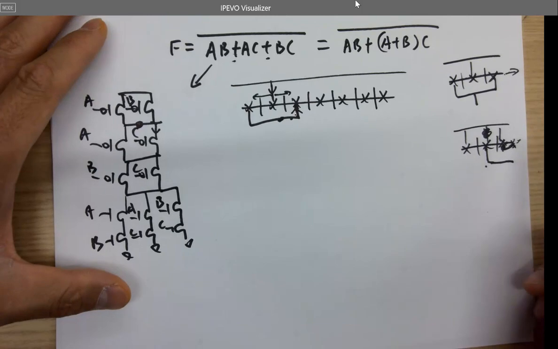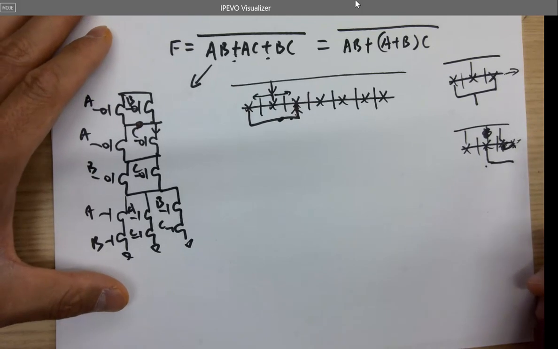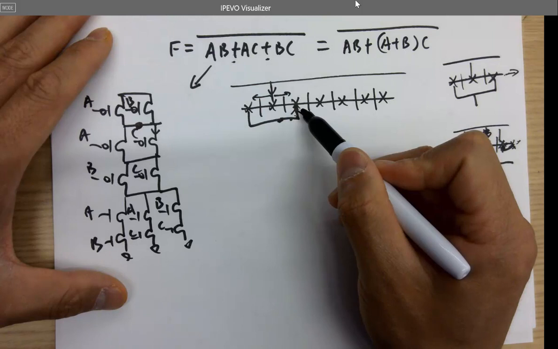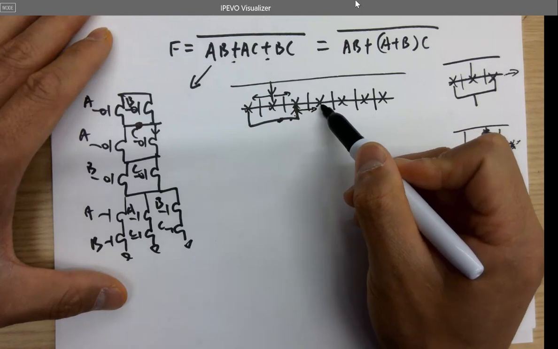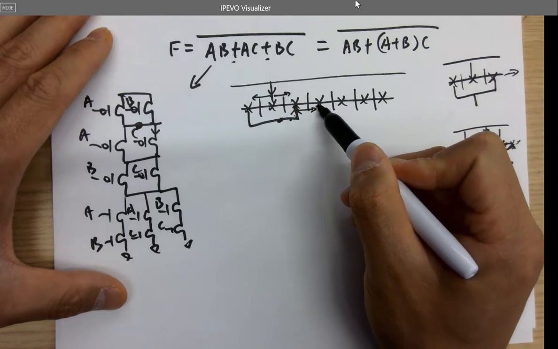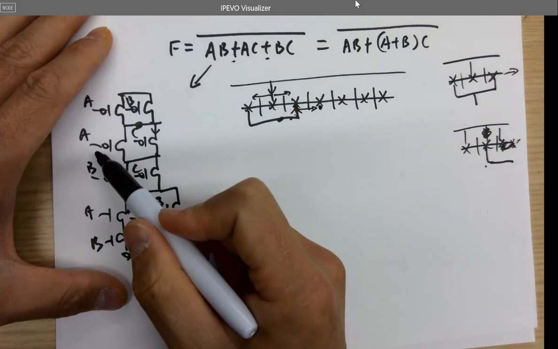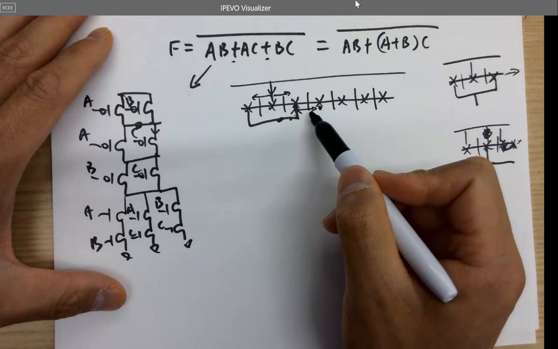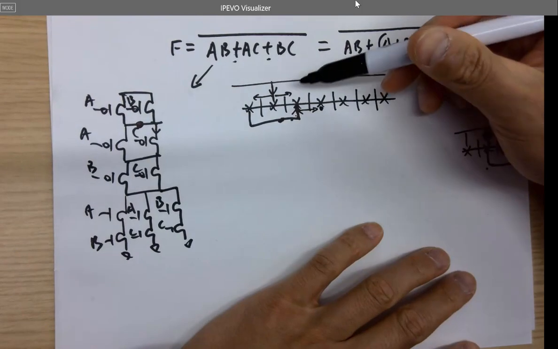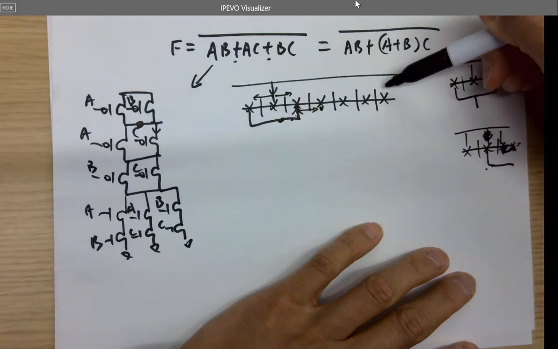Can we do it a different way? So this current is going to flow through this transistor and reach here, right? And we need another transistor in parallel with this one. And how can we do it? Can we route it here?